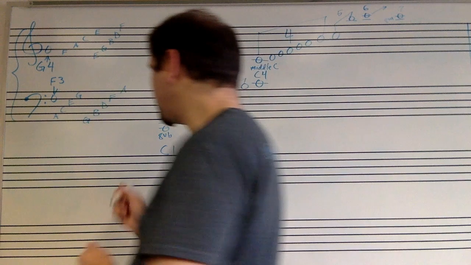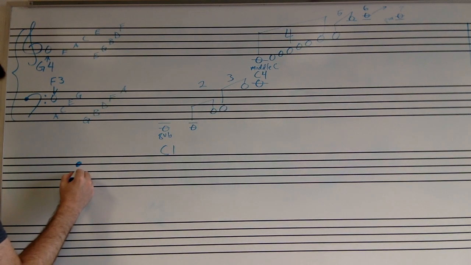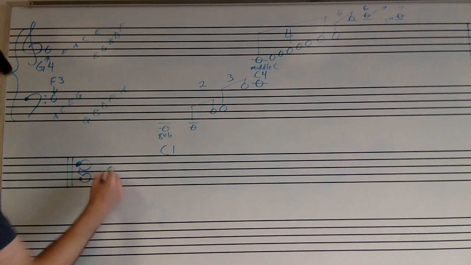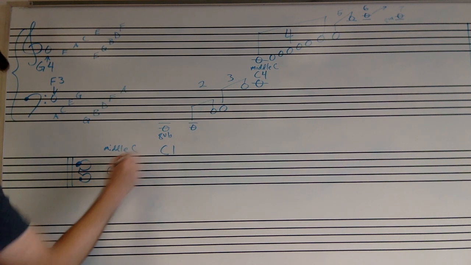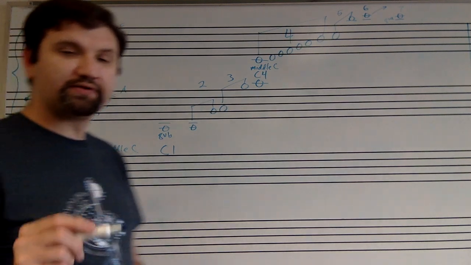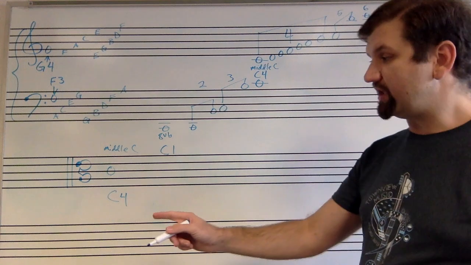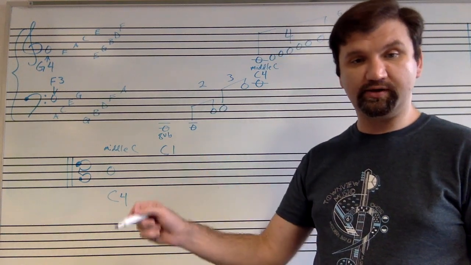Quick little side bonus when we're talking about the alto clef. I talked about any of the C clefs are pointing to this note as middle C, which means that this is C4. And another name for this clef is the C clef, or very specifically, the C4 clef.